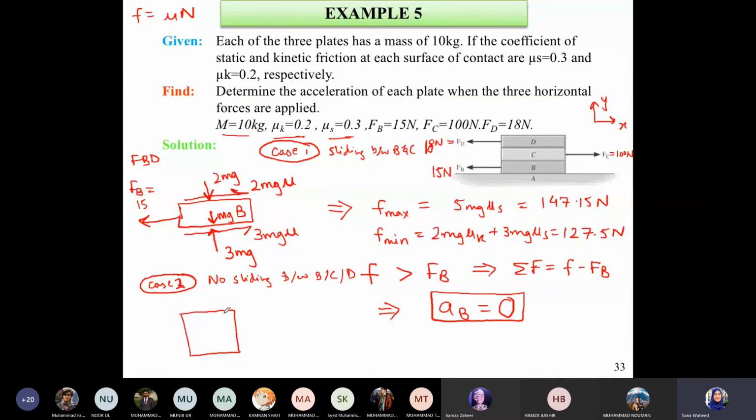Then in that case, what I get is that I have a force Fc of 100 newtons, and then an Fd of 18 newtons, and then a force of 15 newtons acting to the left. Here I have a combined weight of all of them acting, which is going to be 3 mg, which then means that there will be a normal reaction force of 3 mg.